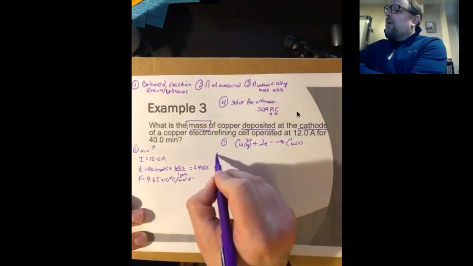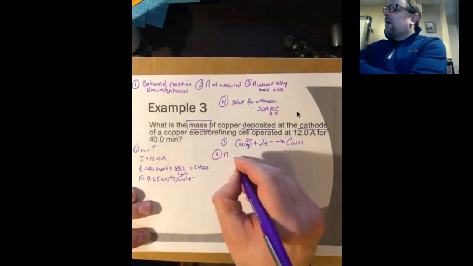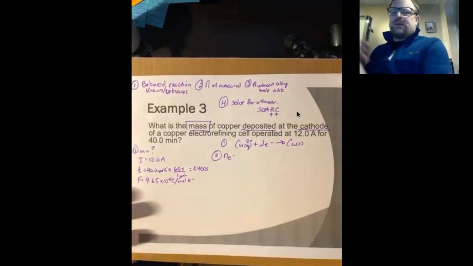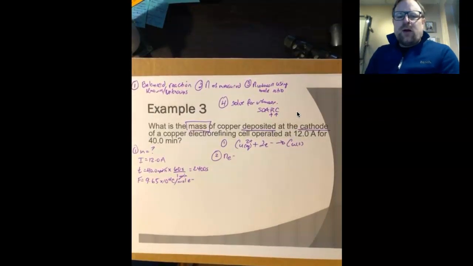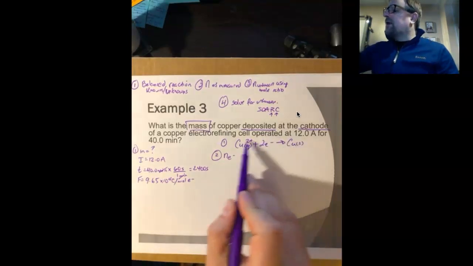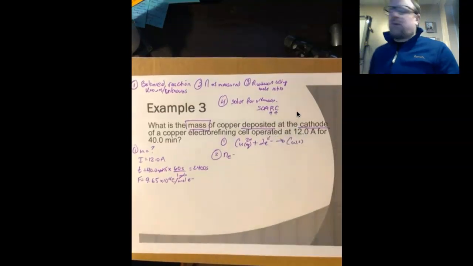That's step one. For step two, we can figure out the number of moles of electrons. That's the key here. We don't have a mass for copper, so we can't figure out its number of moles, and there's no other information about anything else other than these electrons.